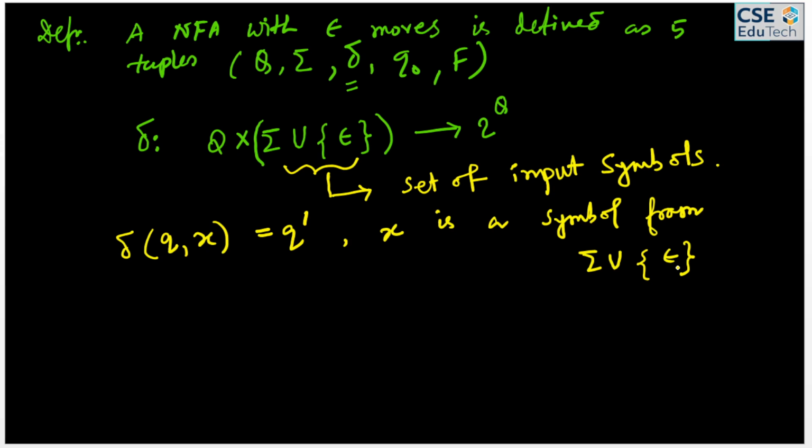Now, how do we define the string accepted by this NFA? The concept is that we have a path from the initial state to some final state. Now, in case of NFA with epsilon moves, how do we define this? For this reason, we need another concept, that is the epsilon closure. So now we define the epsilon closure.